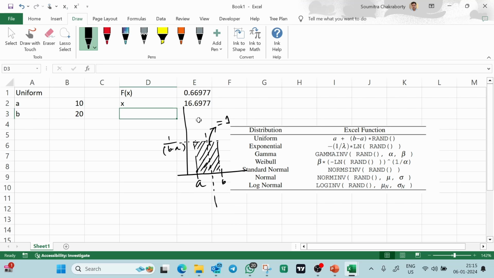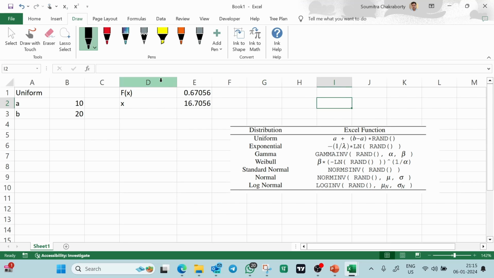Let me remove this clumsy thing. So always see that the fx values are varying. That means the random numbers will always vary. If you want to vary this, you have to press F9. So every time you press F9 on your keyboard, this fx value will change, because this random function, rand double bracket, is a dynamic function. Every time you press the F9 key, the random number or the fx value will change, and accordingly the x value will also change.